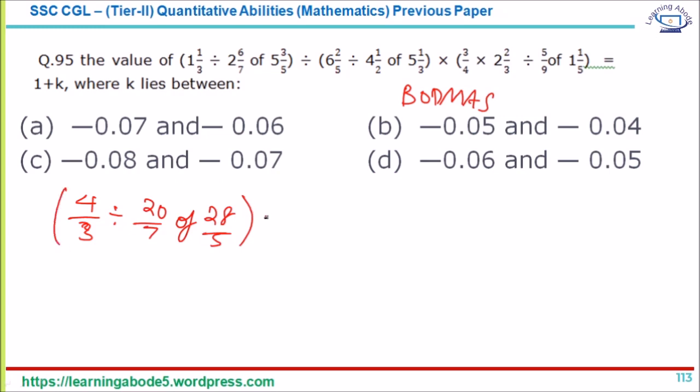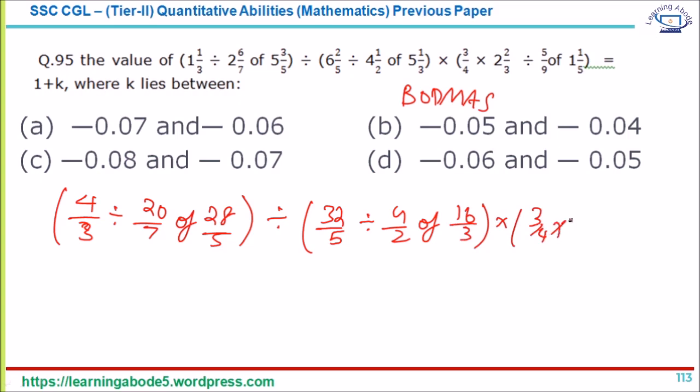Okay, now this divided by this is 32/5 divided by 9/2 of 16/3 into 3/4 into 8/3 divided by 5/9 of 6/5.